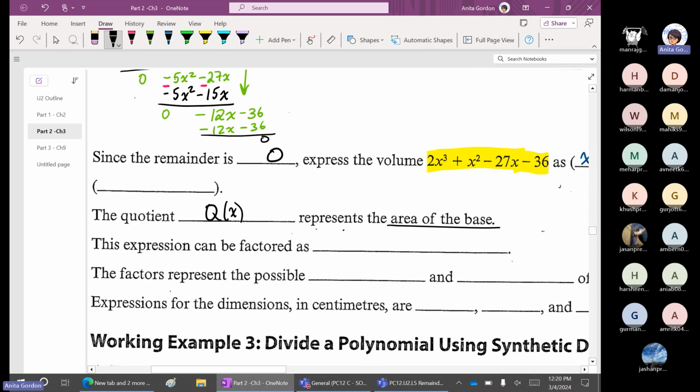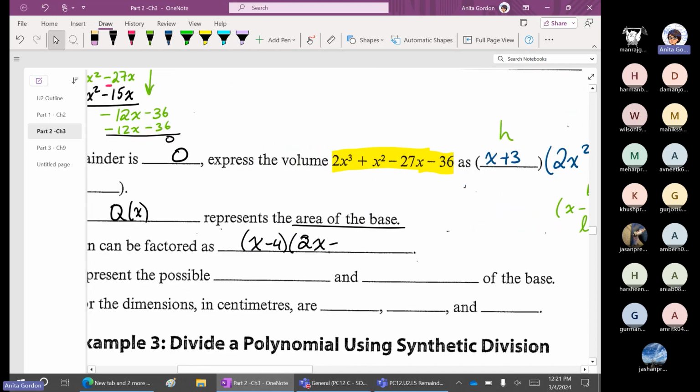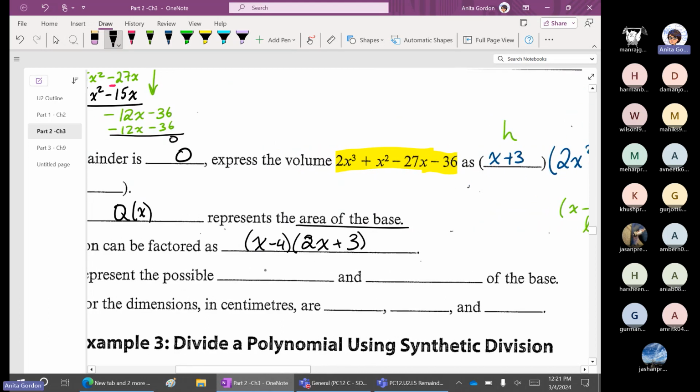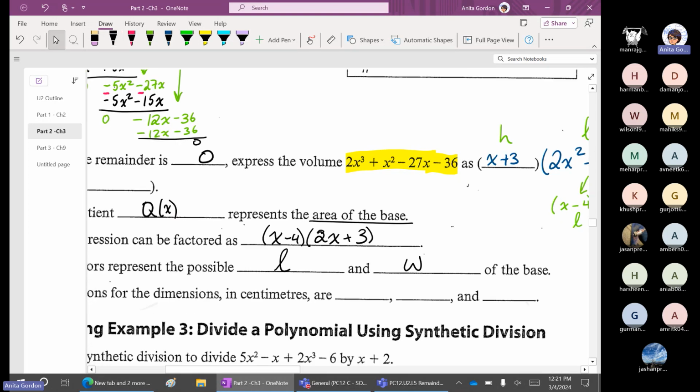So the factored expression is now x minus 4, 2x plus 3, x minus 3. And this represents the possible length and width of the box.